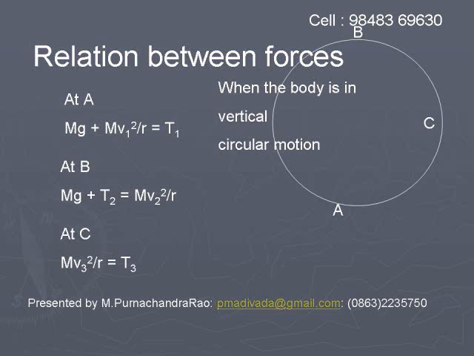At B, Mg plus T2 is equal to Mv2 square by r. At C, Mv3 square by r is equal to T3. These are the relations between forces at A, B, and C.